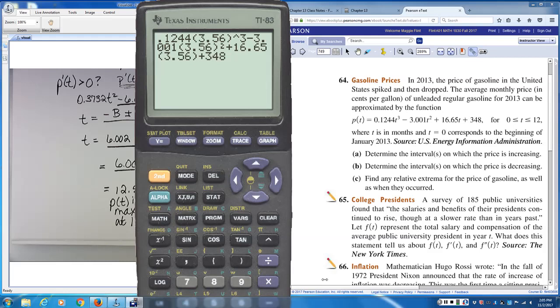So we hit enter, and the answer comes out to be 374.85 cents. Remember, the price is in cents per gallon.